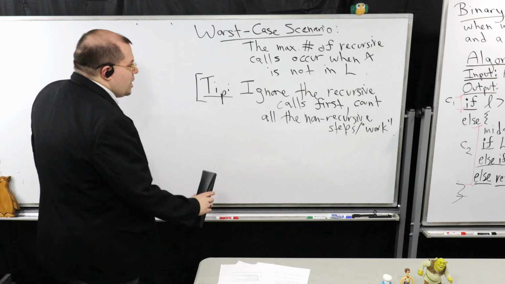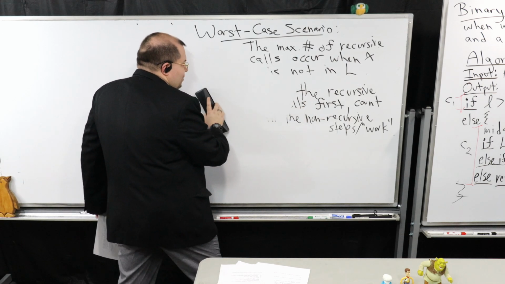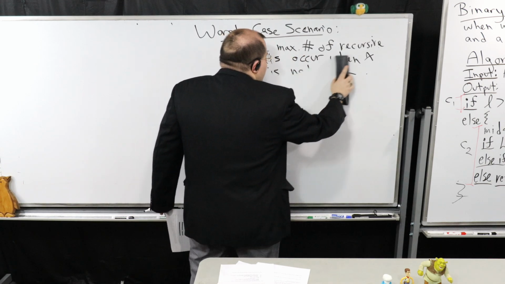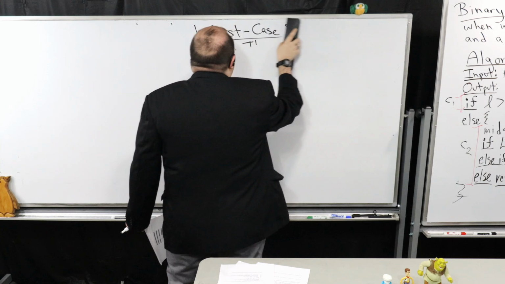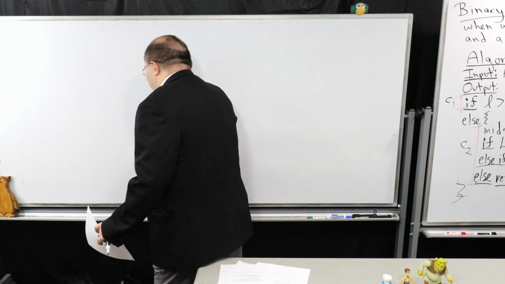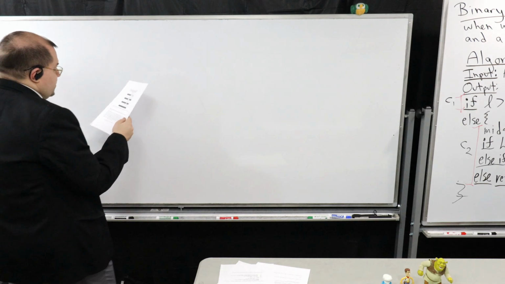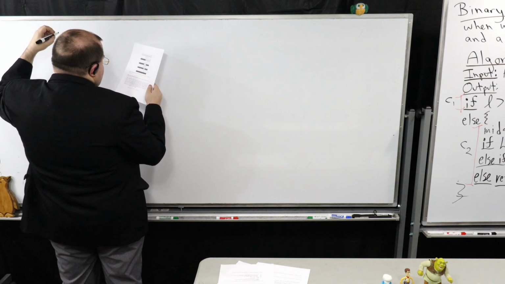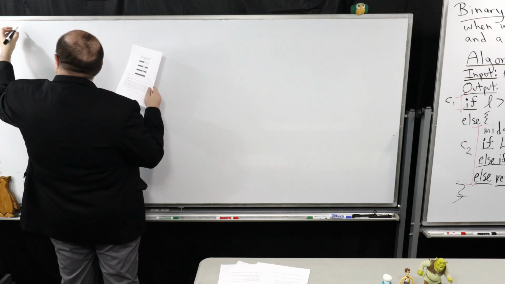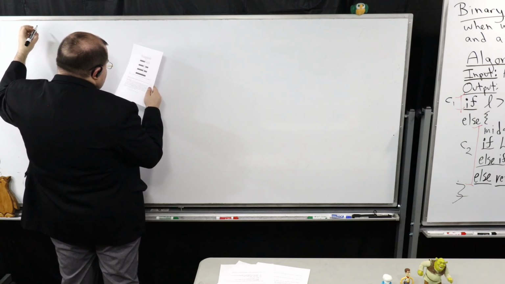Yeah, so keep in mind that I have not yet dealt with the recursion. All I know is that it happens at most once for each function call. That's all I know. So let's do this.